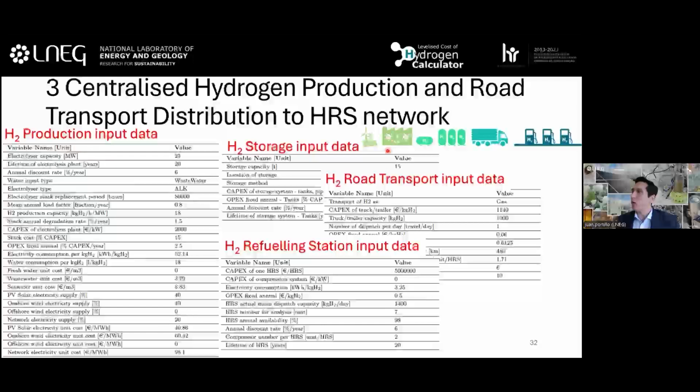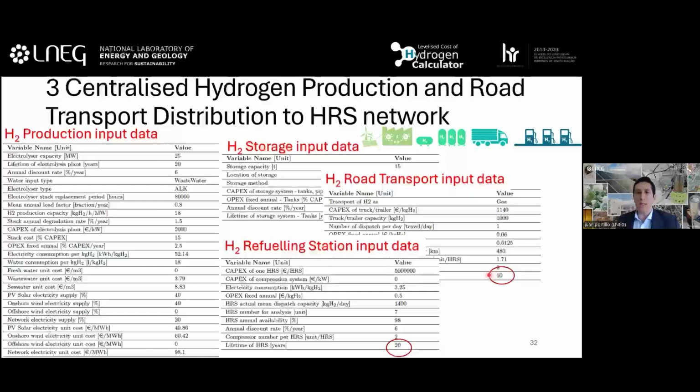But probably what is important to highlight again is that we may have different lifetimes for different modules. For instance, the hydrogen refueling station may have a lifetime of 20 years. The road transport, which includes the cost of the trailers, may have a much lower lifetime.